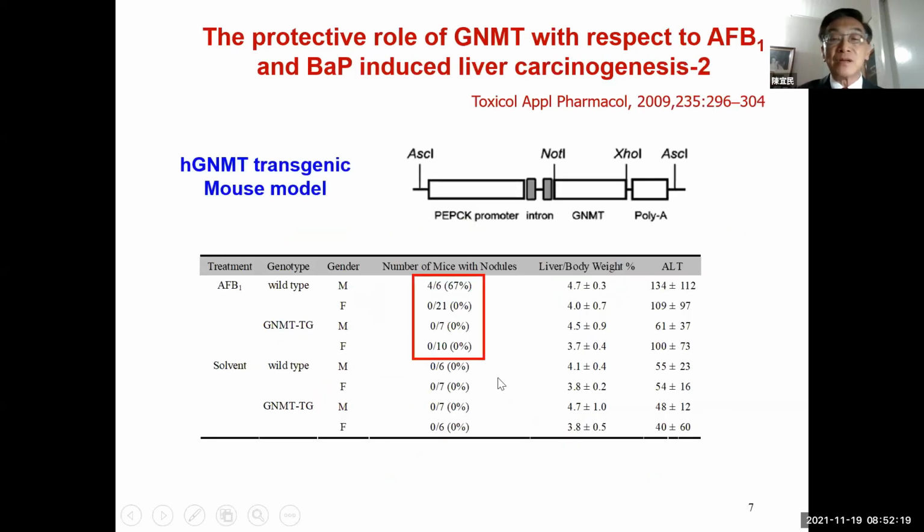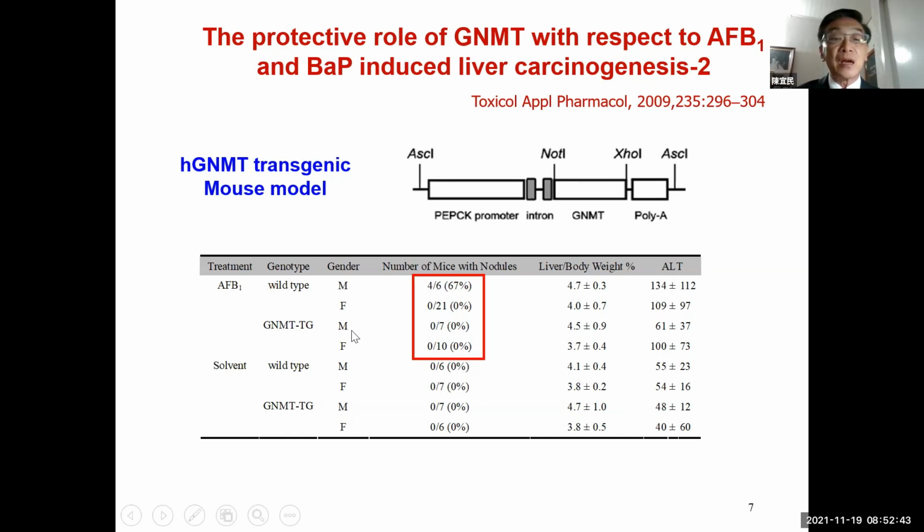Another piece of evidence showing GNMT has a protective role against carcinogen insults is that we generated a GNMT transgenic mouse model. Here we use the PEPCK promoter to drive the GNMT cDNA and overexpress it in the mouse liver. And then we challenged the mice with aflatoxin B1.